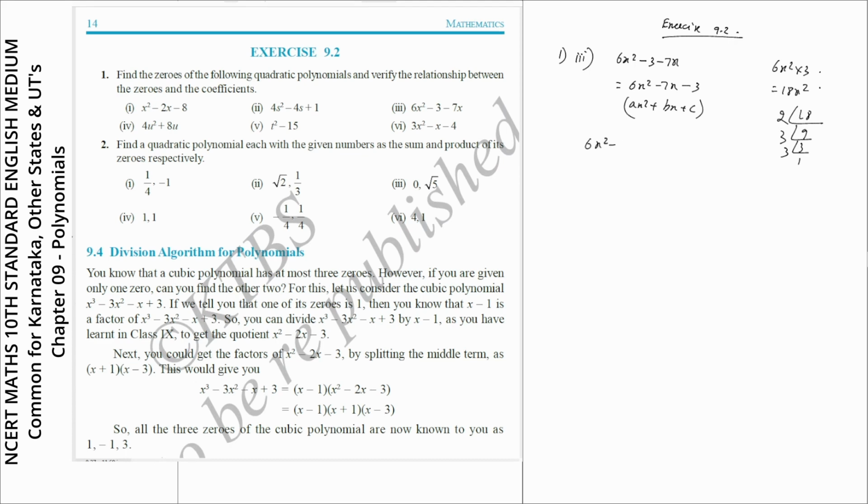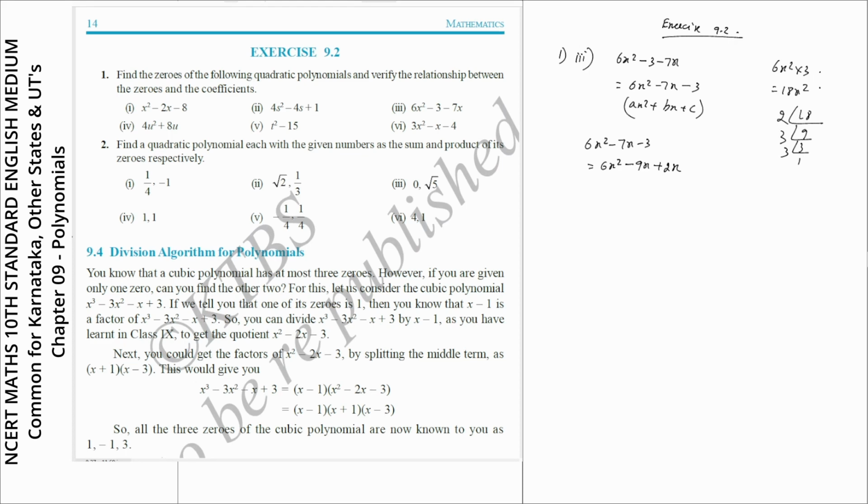Now 6x square minus 7x minus 3 I can write as 6x square. So 6 1s are 6. 9 2s are 18. So 7x I'll write as minus 9x plus 2x.